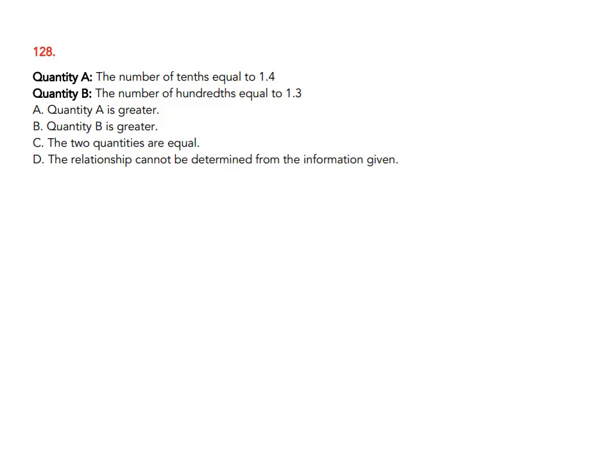So hundredths. 1 is a whole number, you get 3, and you need hundredths, so 30 divided by 100. So you get 4 and 30. Quantity B is greater. Or you can take it as 14 and 130. In both cases, quantity B is greater. So the answer is option B.